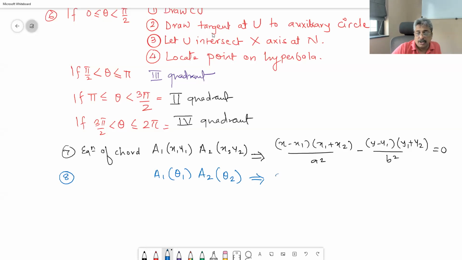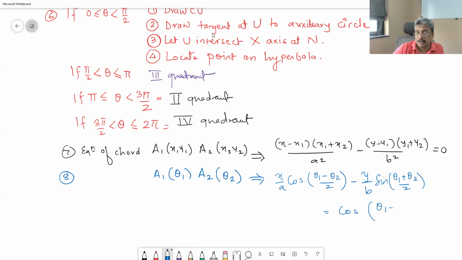It is x upon a cos of (theta 1 minus theta 2) upon 2, minus y upon b sine of (theta 1 plus theta 2) upon 2, is equal to cos of (theta 1 plus theta 2) upon 2. This is the equation of the chord between theta 1 and theta 2.